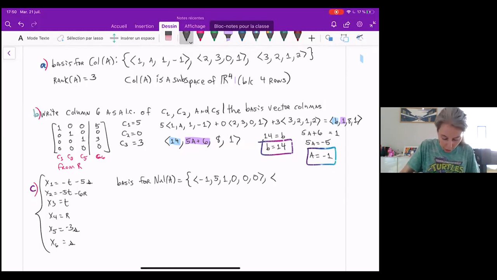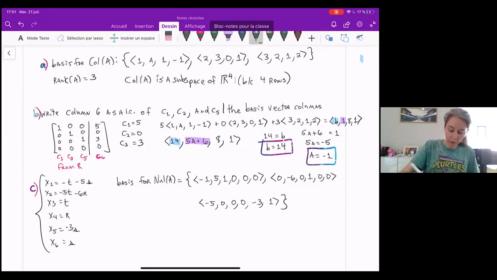My r vector, 0, -6, 0, 1, 0, 0. And my s vector, -5, 0, 0, 0, -3, 1. So this right here is going to be my basis for the null space.